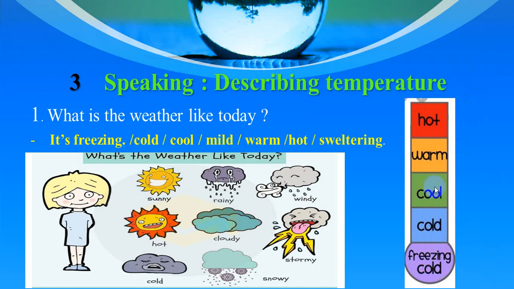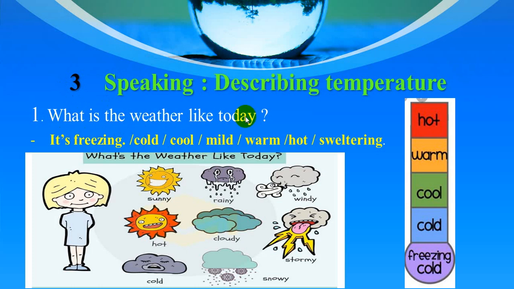Cold. Cool means mild. Cool is like moderate. Warm. Hot. It's freezing. It's cold. For example, this is the question. You might choose one to answer me. What is the weather like today? It's freezing.